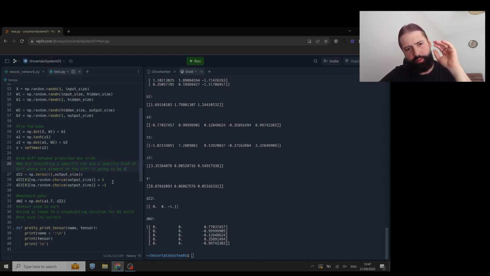We're gonna have a 1 somewhere where we predicted something, but it was not a prediction, and a -1 where we didn't predict something, where we predicted 0 probability and it actually had 1 probability.